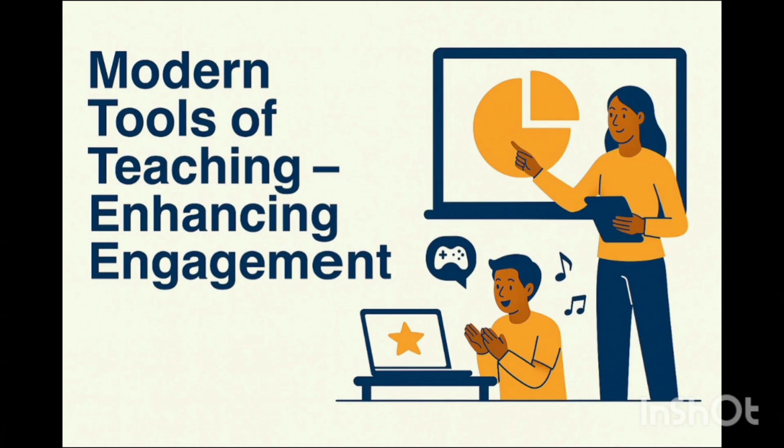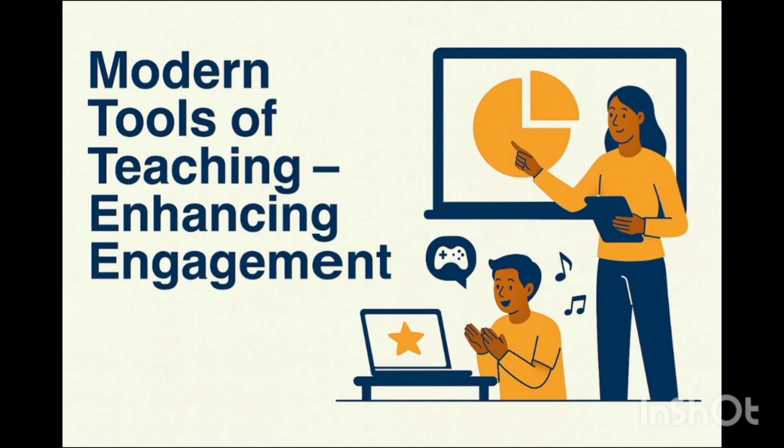And number 5 is the content creation and curation tools. These have 3 points. And number 1 is the examples of these content creation and curation tools, like Canva, Edpuzzle, Flip, that was formerly known as Flipgrid, Google Arts and Culture.